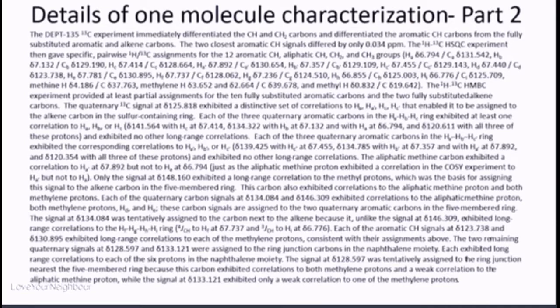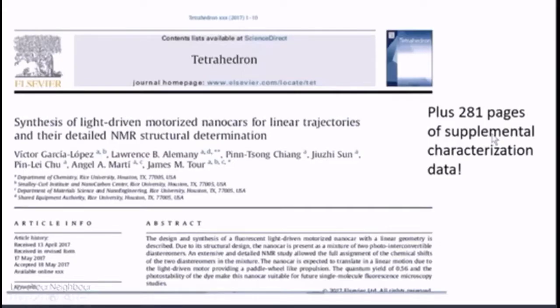So there's the other part. All right, so you have to do this to convince your colleagues that you got what you say you got. Every biological system has to do a characterization, whatever the tool you use, but it's complex. For this paper on the nanocars, it had 281 supplemental pages just talking about how we characterized it to prove that we got what we got.